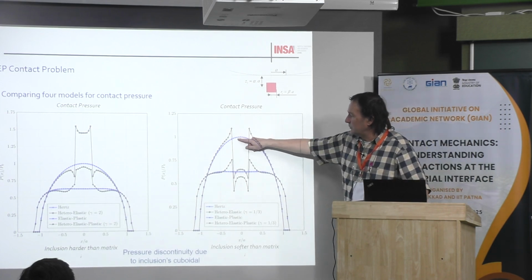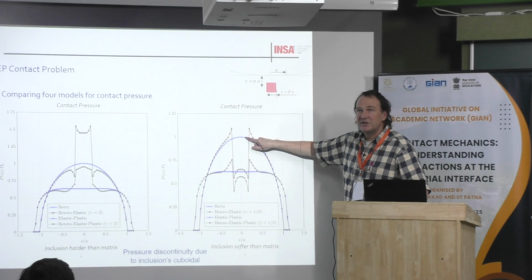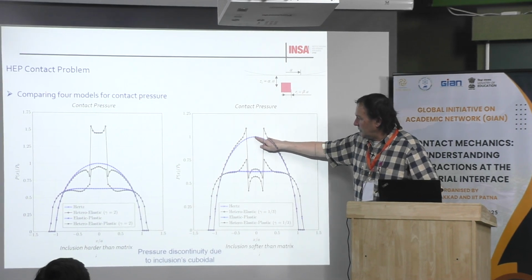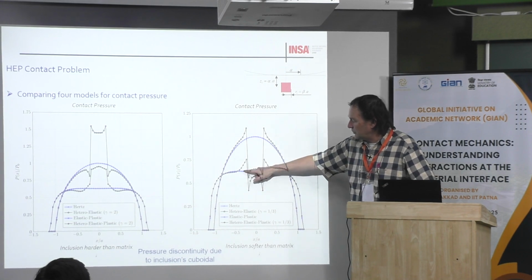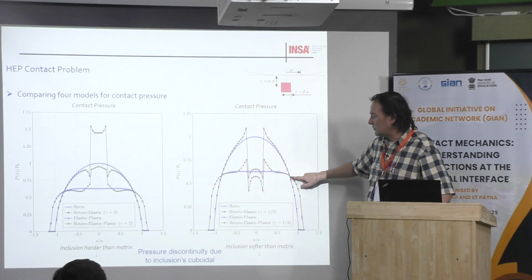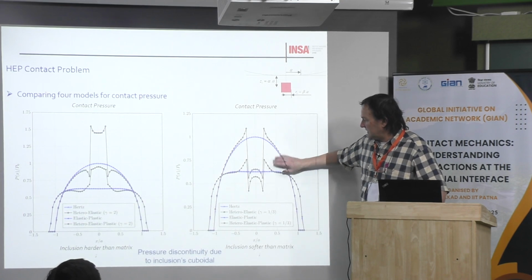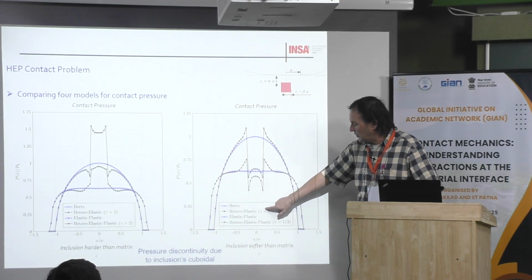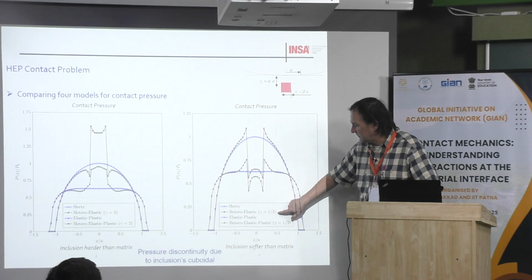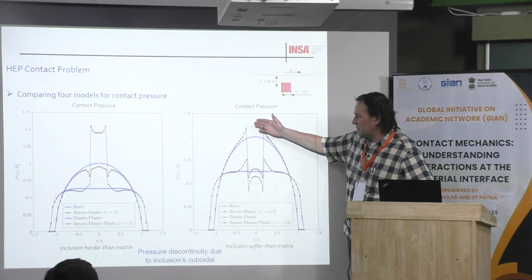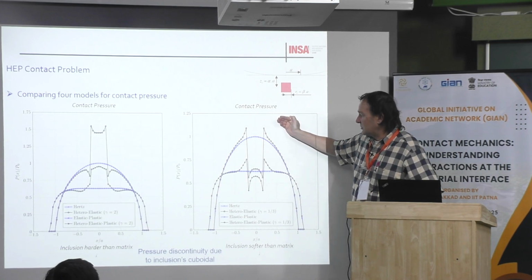The blue curve corresponds to the solution which is elastic without inclusion. The blue curve here with a small losange corresponds to the elastic plastic solution without inclusion. In this situation, this is for a soft inclusion, and the black curves correspond to the same solution for the elastic plastic regime.